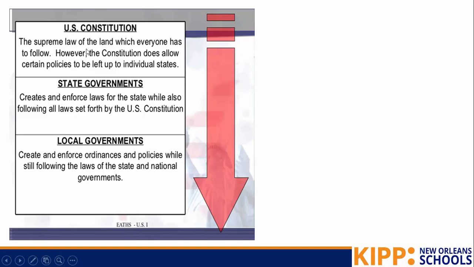The US Constitution, so our national government, is going to handle bigger things like foreign policy or protecting all of our citizens, or things like Medicare and Medicaid that affect all citizens in the country. State governments handle much smaller things, state budgets and state programs, whereas local governments manage even smaller things like your local trash pickup or local roads.